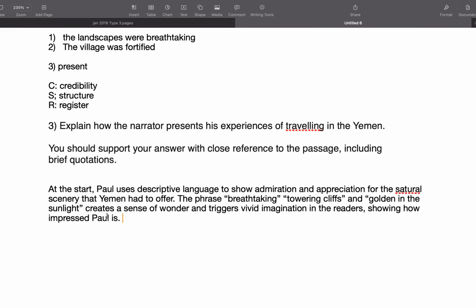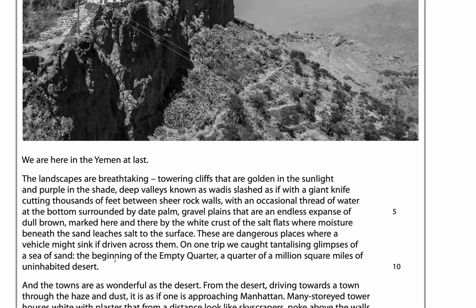So these color imagery, the use of color, or colour if you want, British and American English, the use of color imagery like golden and purple. Did we have any other color here? White, is that something we can really talk about?